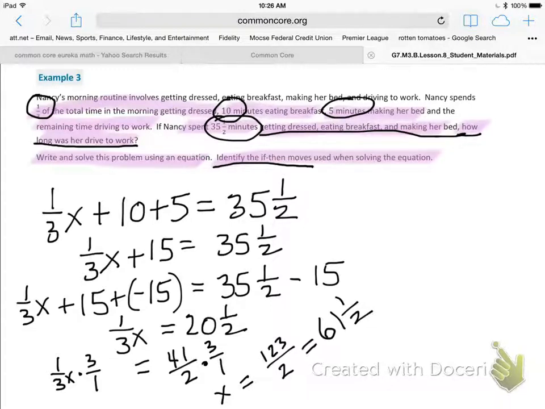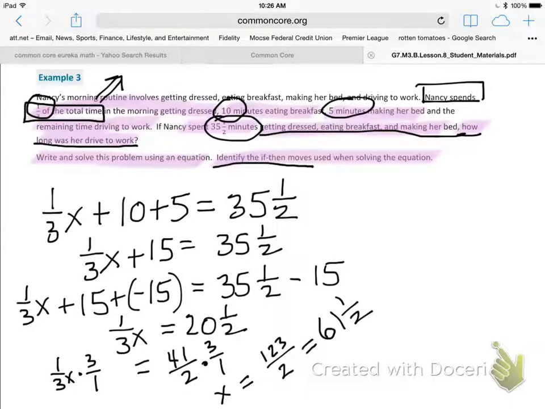So for example here, Nancy, this first line is probably one that some people might have missed, or not first line, but second line. So Nancy spends 1/3 of the total time. Okay, 1/3 of the total time. Now we can make this total time x, because this total time is an unknown. We don't know it yet.